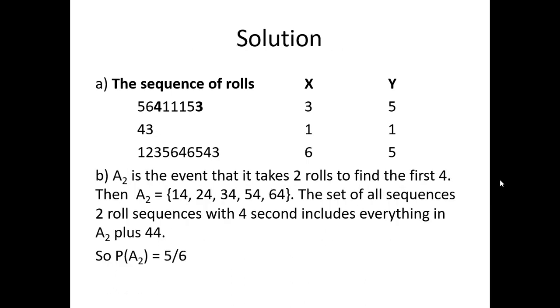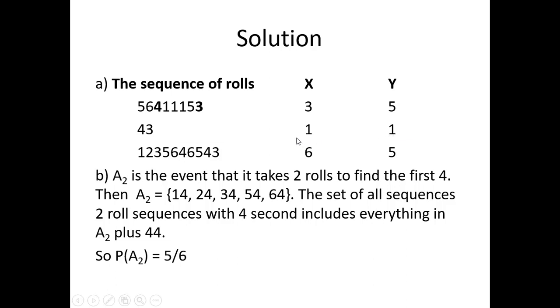So for part A, you see we get 3, 5 in the first case. The first 4 is here after 3, and then after that, the first 3 takes 5 rolls. For 3, the extreme case would be 1 and 1.